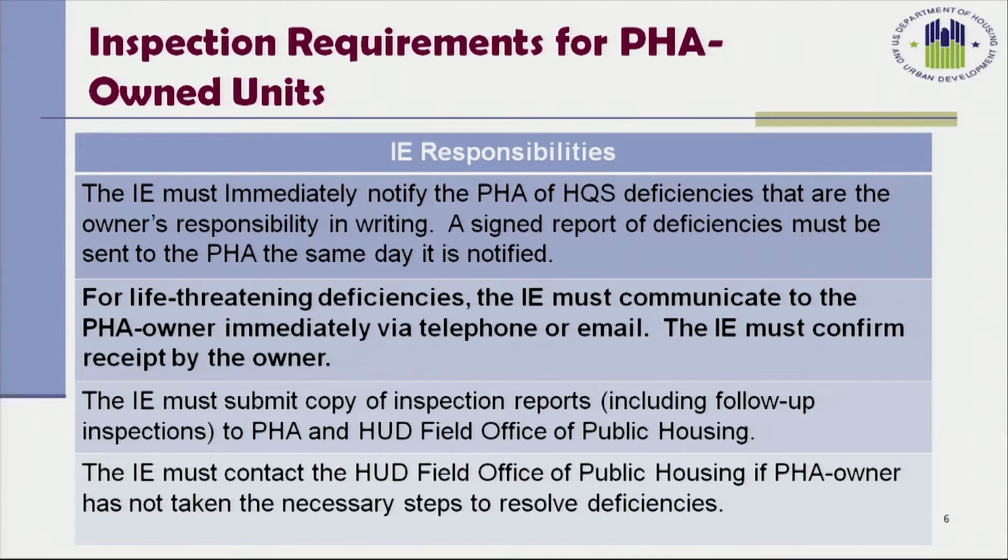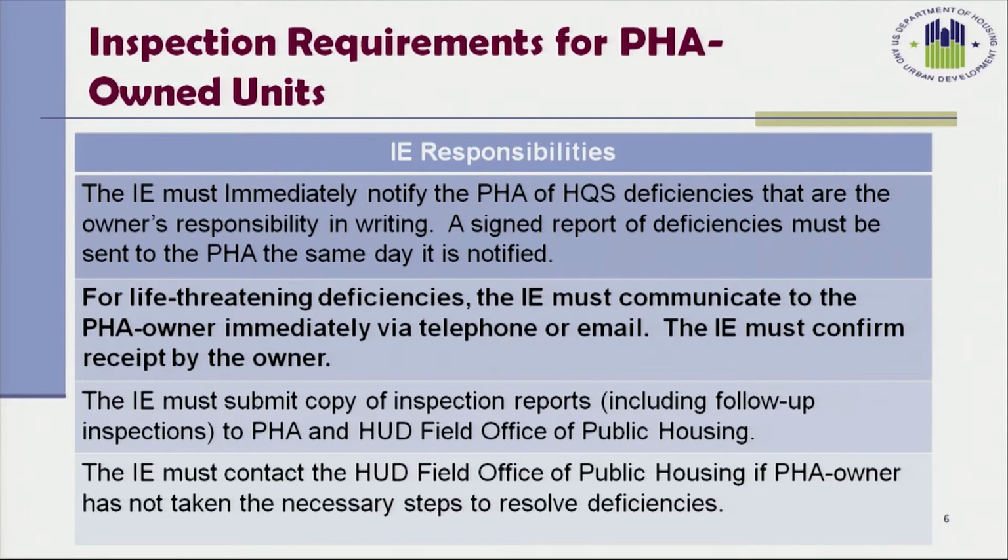The independent entity must immediately notify the PHA of HQS deficiencies that are the owner's responsibility in writing. A signed report of deficiencies must be sent to the PHA the same day it is notified. For life-threatening deficiencies, the independent entity must communicate to the PHA owner immediately via telephone or email.